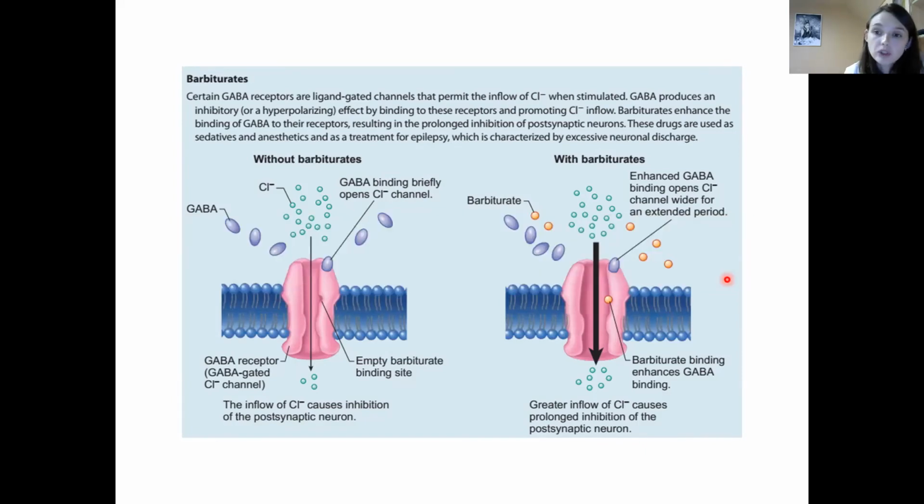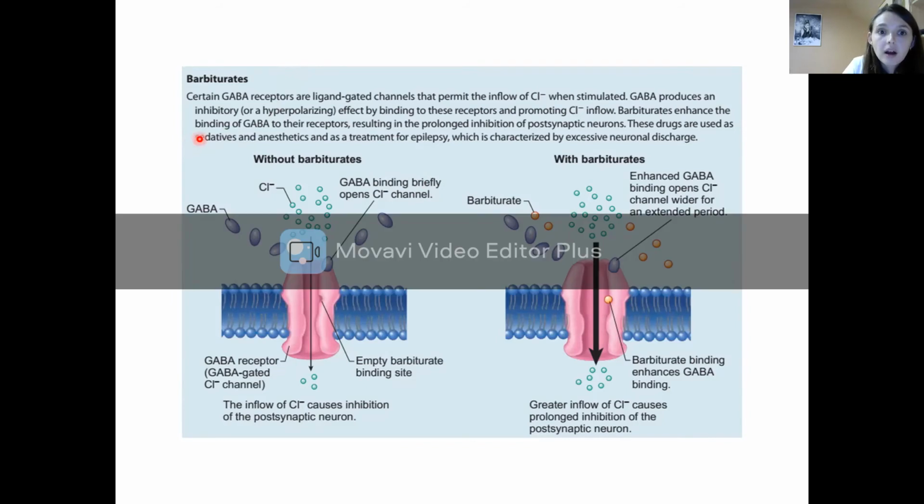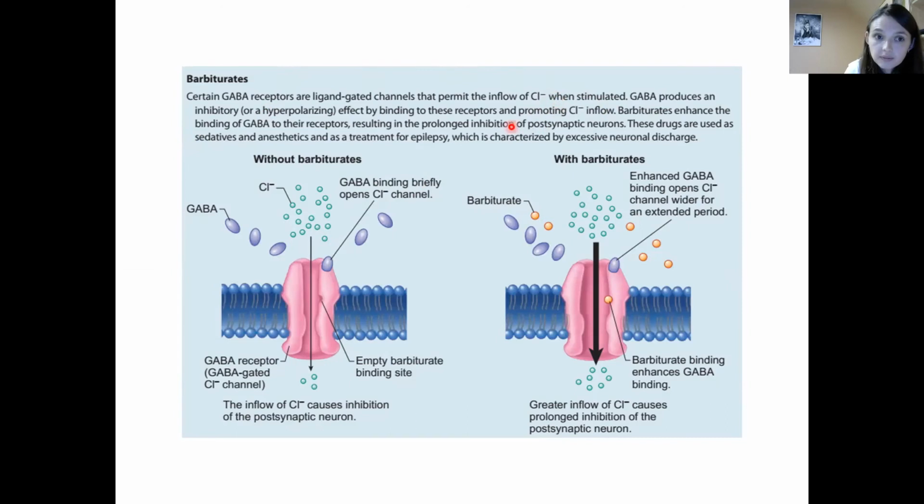The drugs which are used to treat epilepsy are called barbiturates. GABA receptors are ligand-gated channels that allow chlorine ions to flow inside of the cell. GABA produces, as we discussed, an inhibitory effect. It has a hyperpolarizing effect on the postsynaptic membrane.